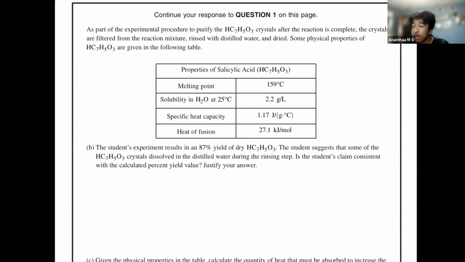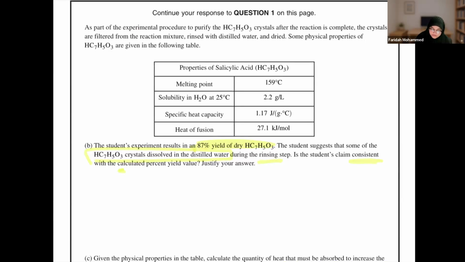Just 1 point. Okay. The student experiment results in 87% yield of the dry crystal. The student suggests some of the crystal dissolve in water during the rinsing step. Is it consistent with the percent yield?